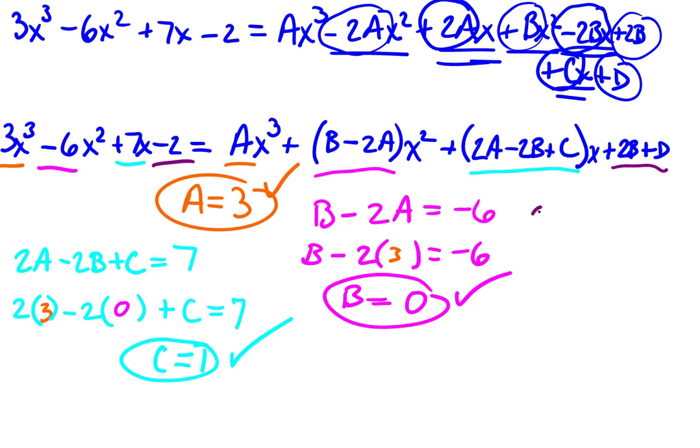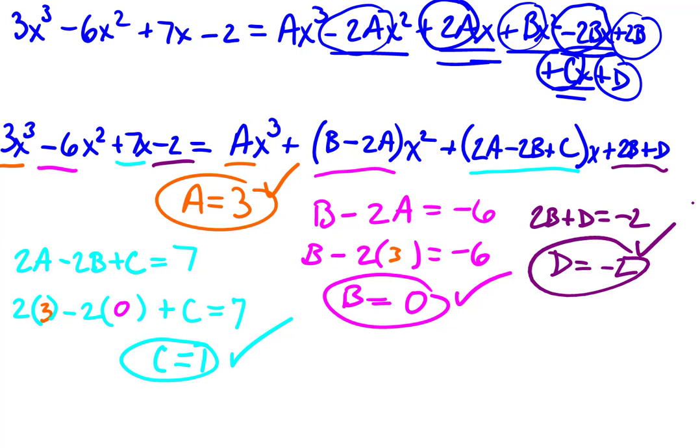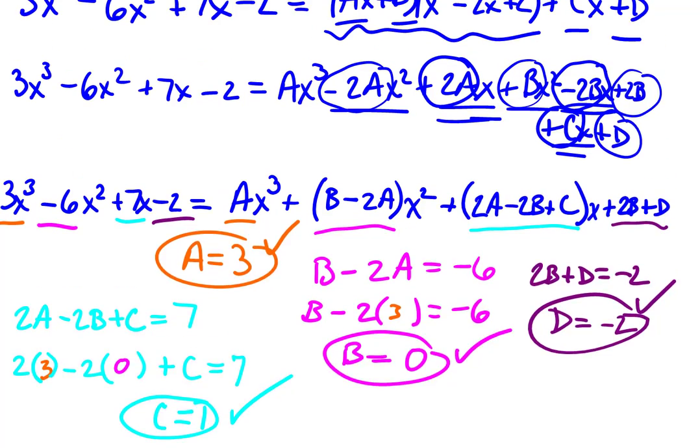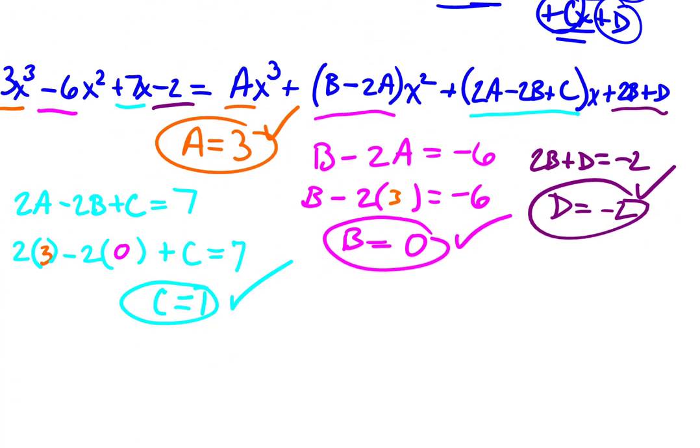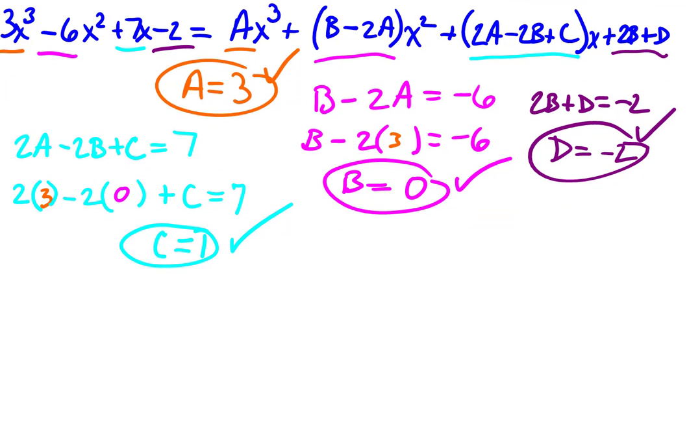So that would tell us that 2b plus d must equal -2, comparing those left and right sides. But we already know b is 0, which means d must be -2. So there we have it. So this is the long way, but sometimes it's the only way when you cannot pick convenient values of x to solve for a, b, c, or d. And this does work. We now have them.